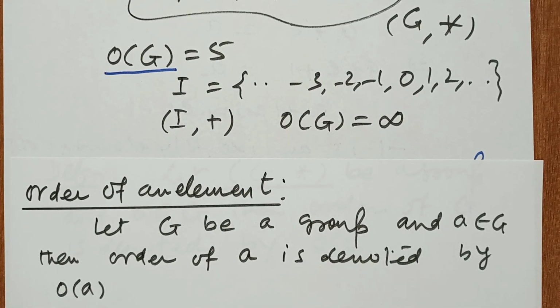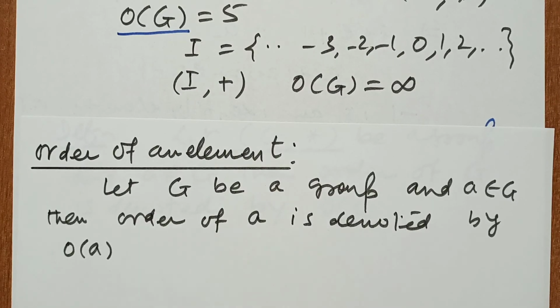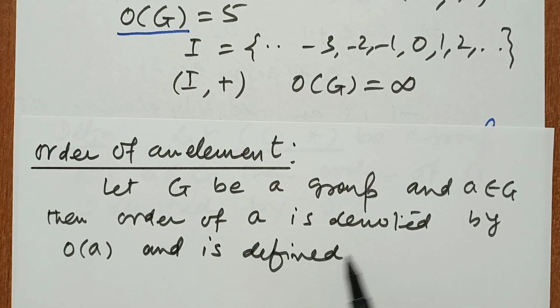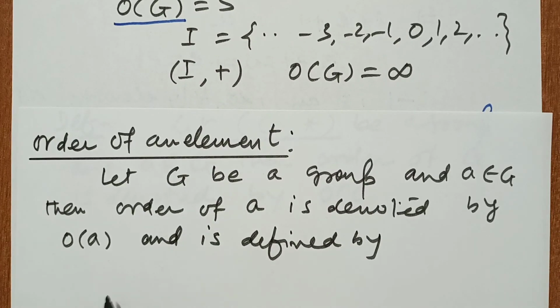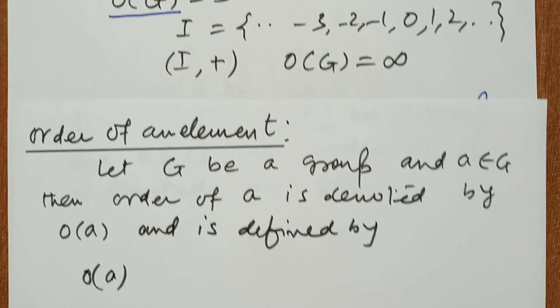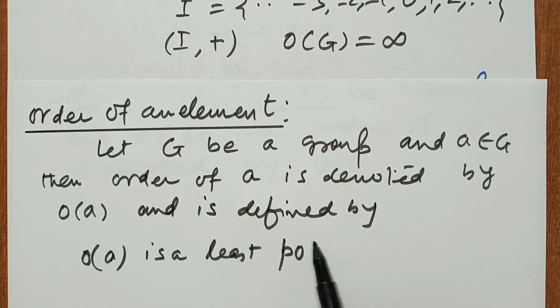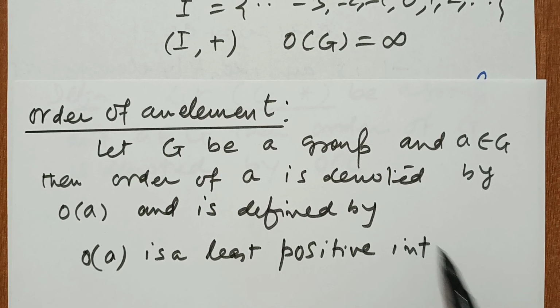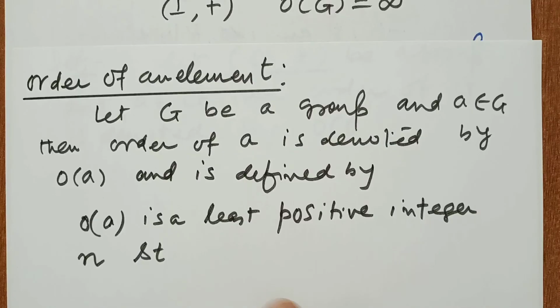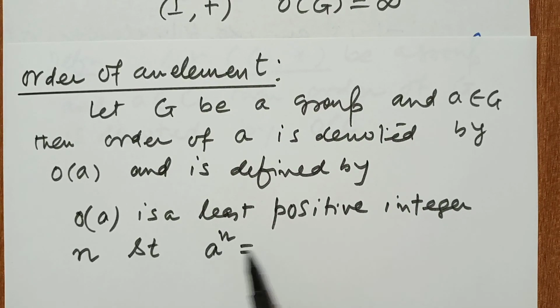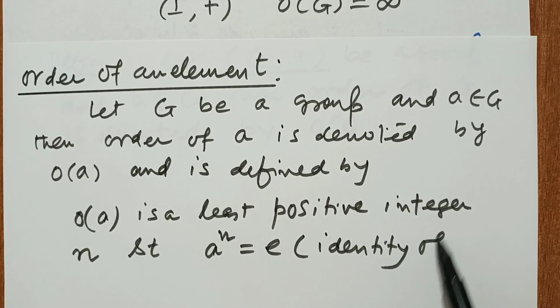The order of an element is nothing but the order of A, and it is defined by: the order of A is the least positive integer n such that A to the power n is equal to E, where E means the identity element of G.